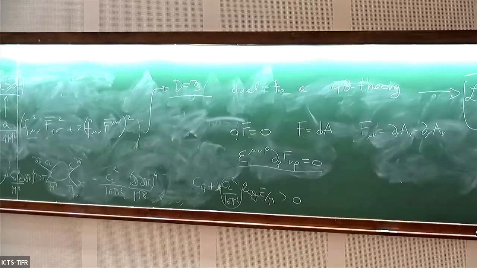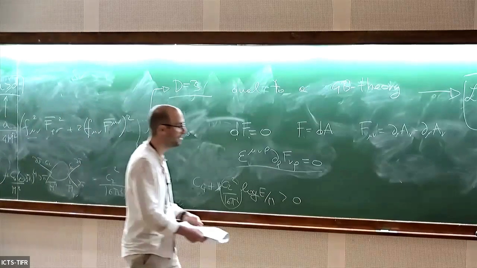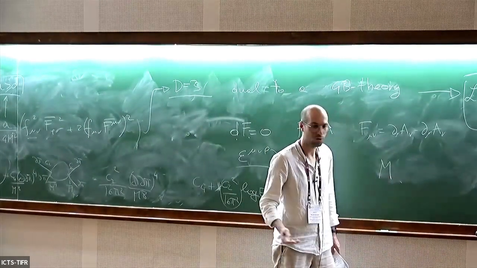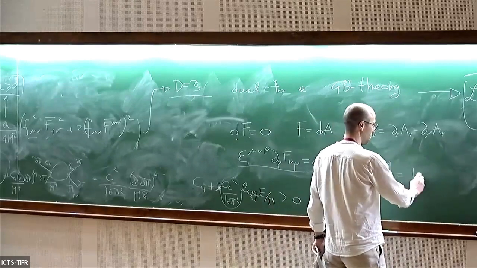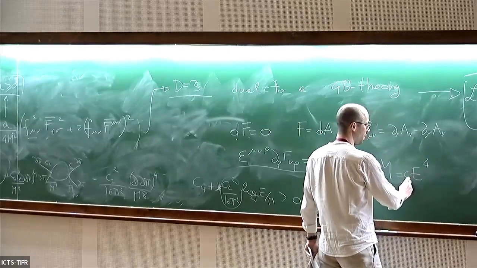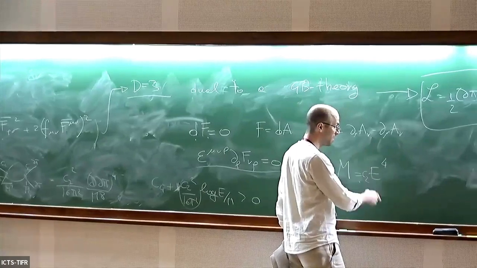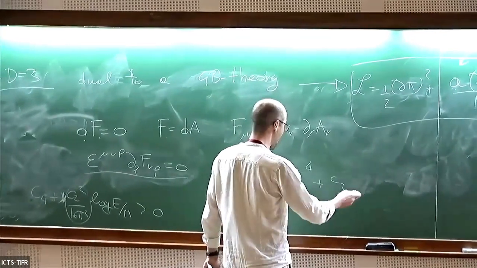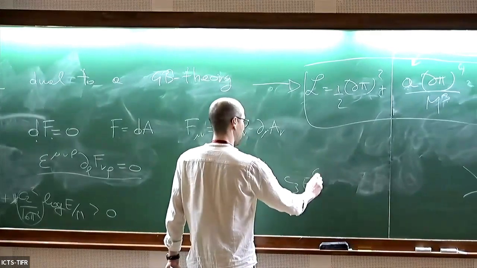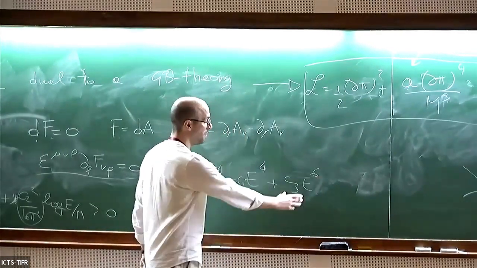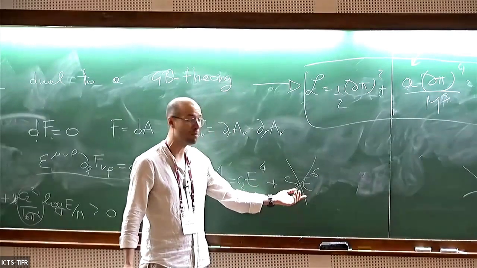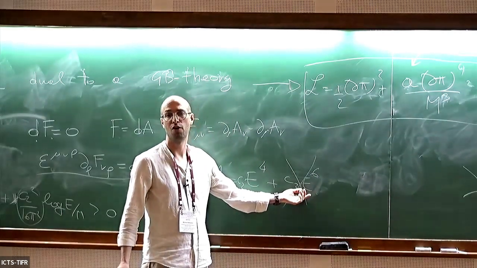So I would claim that what we are doing is bounding the polynomial growth. The amplitude, remember I was saying that C2 controls E to the 4th. So it runs very quickly with energy, with E to the 4th. And can it run faster? Can the amplitude run faster? Can you be dominated by this one? No. So I was thinking that it puts a bound on the polynomial running of the couplings.